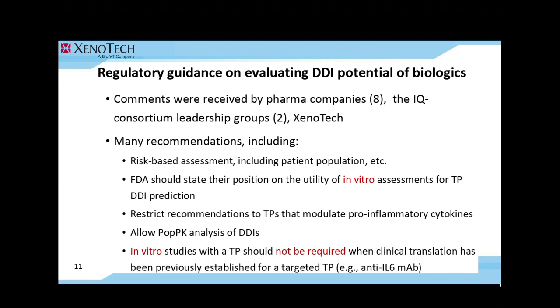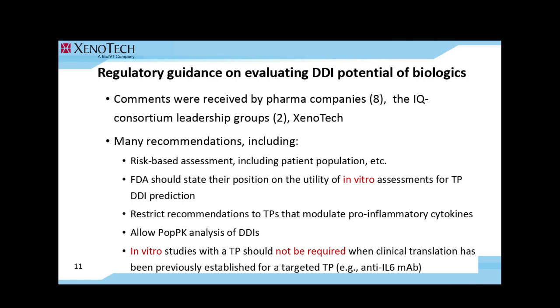And if you receive the copy of the slides, that would be a live link to FDA docket. In that request for information, FDA asked, in what scenarios and for which classes of therapeutic proteins should DDI assessment be performed? Second, what types of assessment can be useful? And thirdly, what are the study design considerations?